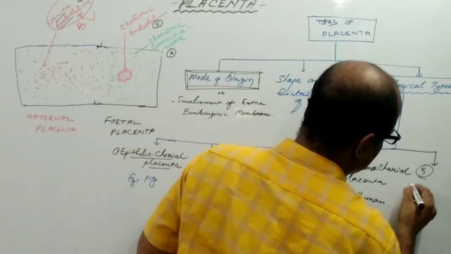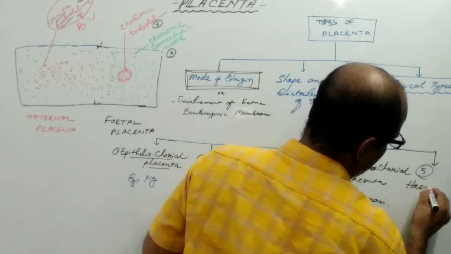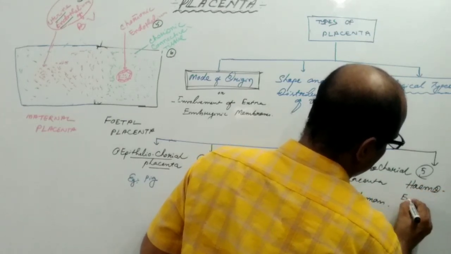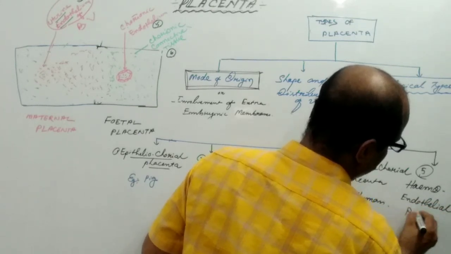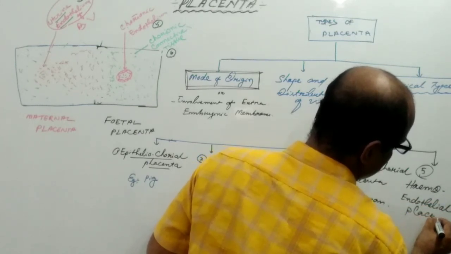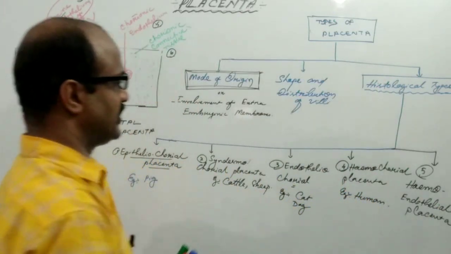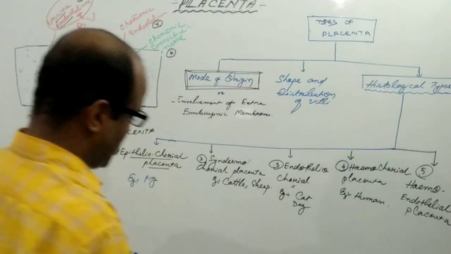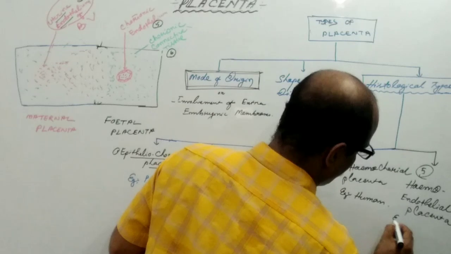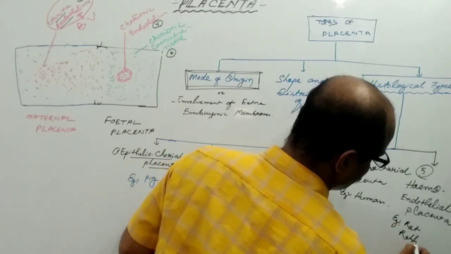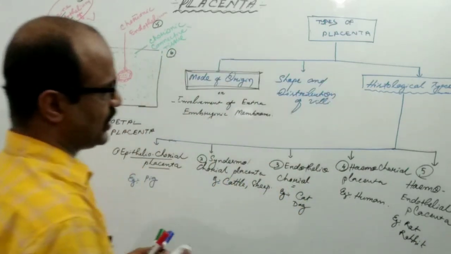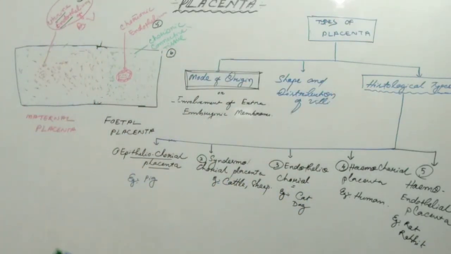The fifth number is hemoendothelial placenta. Such placenta is present, for example, in rat and rabbit. So this is the hemoendothelial placenta which is present in the rat and the rabbit.